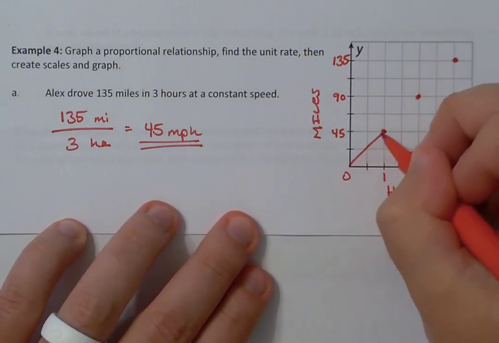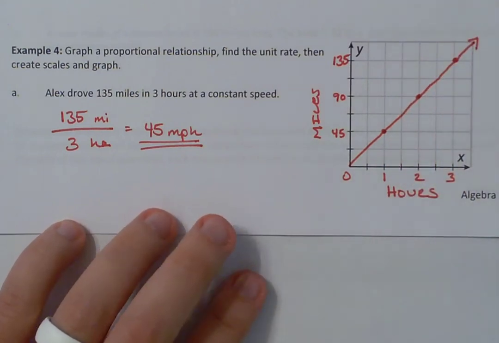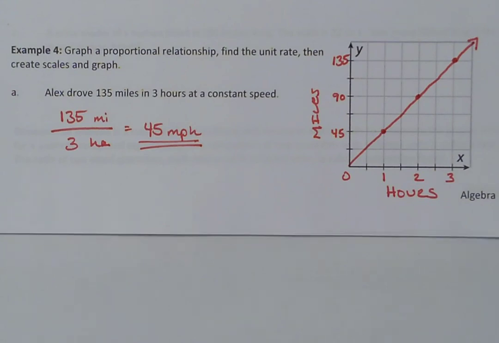Then we connect our dots to draw our line, and our graph looks like that. So if you're asked to find the unit rate, unit rate means that you need to divide the two numbers to figure out your rate. In this case, we have miles and hours, so we do miles divided by a certain amount of hours. And that is how you figure out a unit rate, and then graph that.